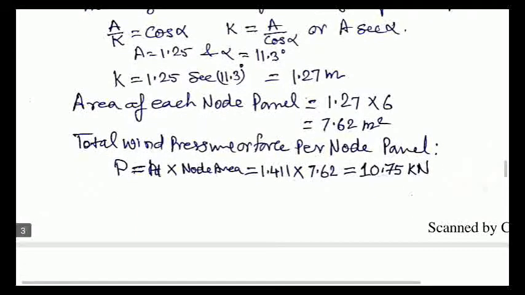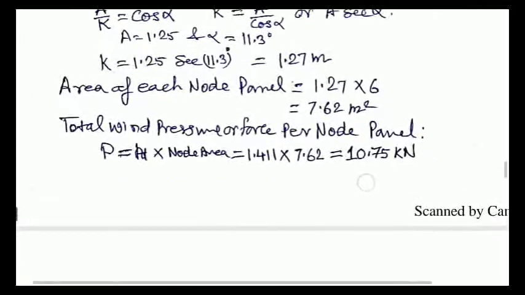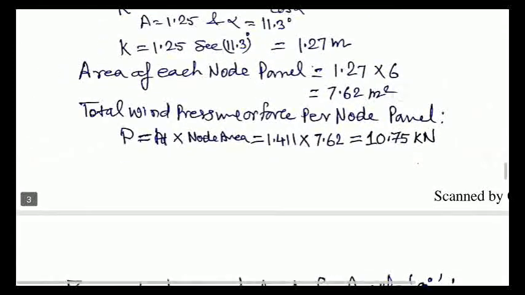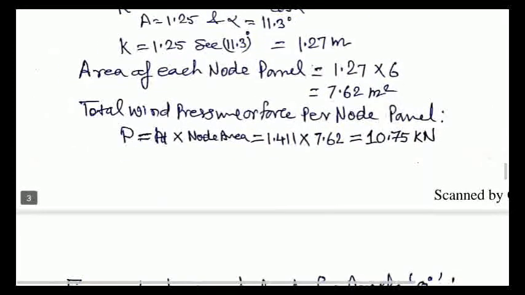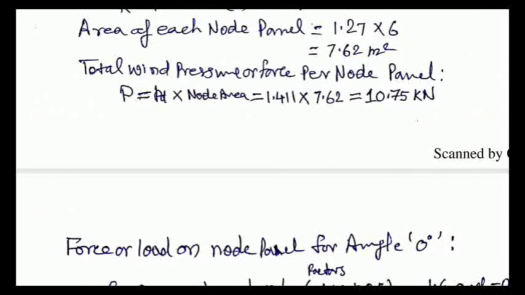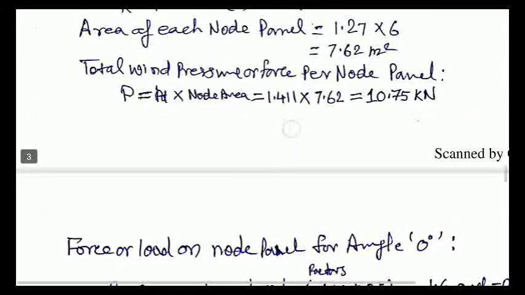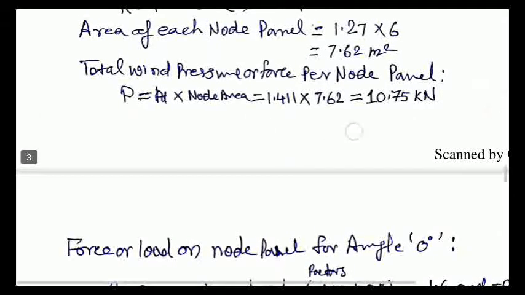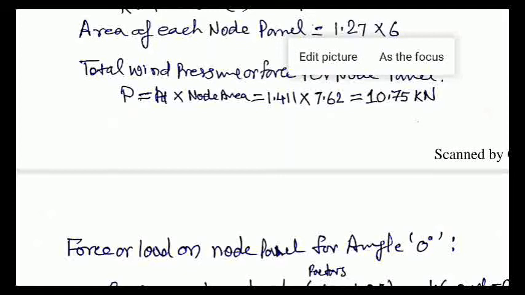This is the inclined or diagonal length, the length of the truss parallel to the slope. So the area of each node panel comes out to be 1.27 into 6, which is 7.62 meter square. Total wind pressure force per node panel we may calculate. So total pressure P per node length will be 1.411 into 7.62, which comes out to be 10.75 kilonewton.